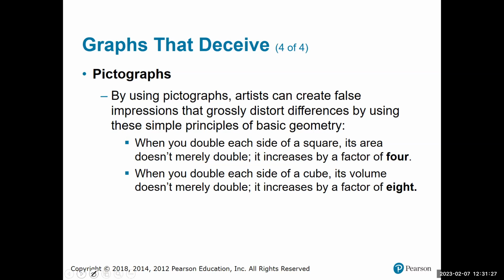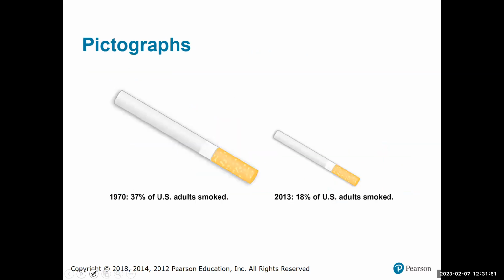By using pictographs, artists can create false impressions by grossly distorting differences by using these simple principles of basic geometry. When you double each side of a square, its area doesn't merely double, it increases by a factor of 4. And when you double each side of a cube, its volume doesn't merely double, it increases by a factor of 8.